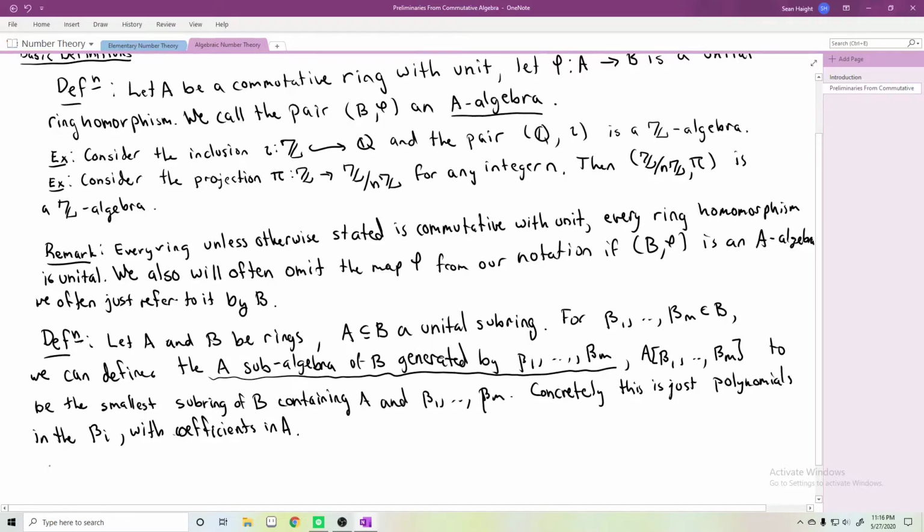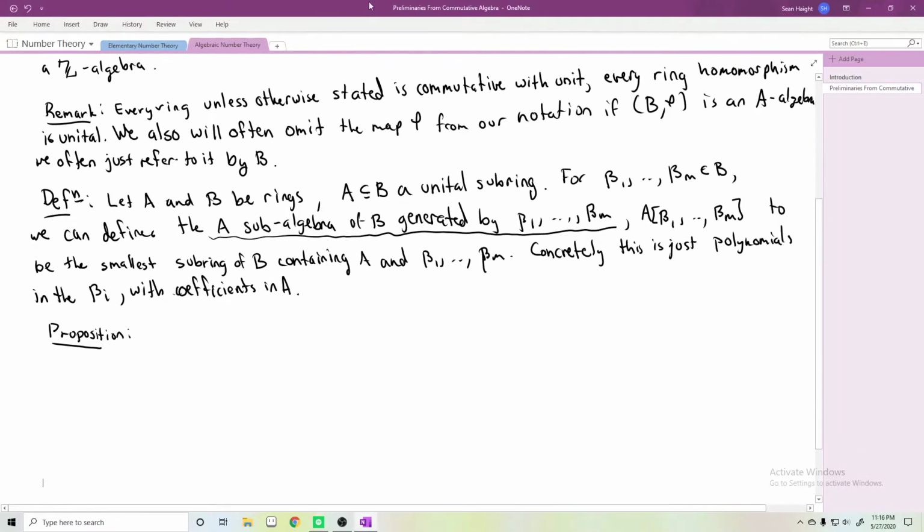There's an important proposition from ring theory which I want to remind you of. Okay, that has to do with quotient rings and ideals in quotient rings.